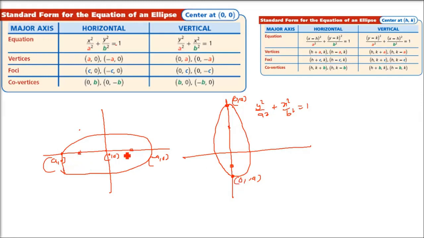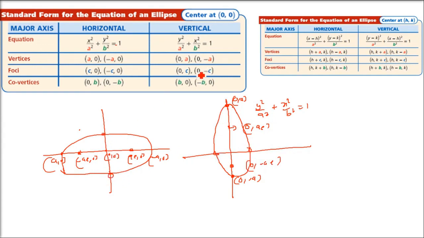So the foci are ae comma 0 and minus ae comma 0, if you remember. And in many books it's given like this, so I've just taken it. Here, this will be 0 comma ae, and the second focus will be 0 comma minus ae. And the co-vertices, these 2 points, are the co-vertices.